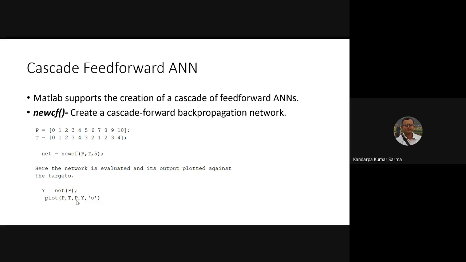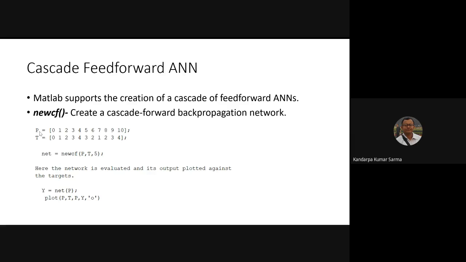Then in MATLAB, since we know that sometimes for very critical cases, we need to use a cascade of feed-forward ANNs, we can use the newcf function to create a cascade of feed-forward backpropagation networks.